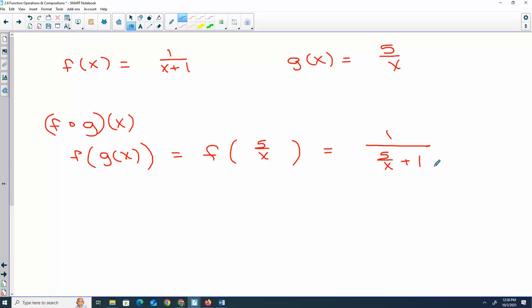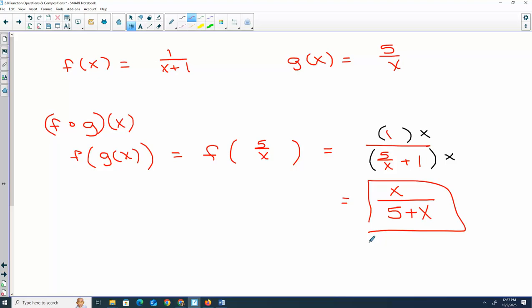You could get a common denominator, flip and multiply, but an easy option here: my denominator is x, so I could just multiply by x on both the top and bottom. On the top, 1 times x is x. On the bottom, 5 divided by x times x is 5, plus 1 times x is x.